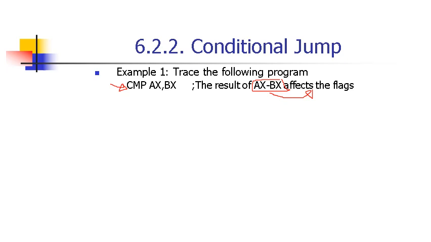Otherwise, if AX is greater, you did not need a borrow to perform the subtraction, and your carry flag bit will not be set. If you check your carry flag bit, you'll find a 0 there. So a 0 carry flag bit indicates that AX is greater than BX. A 1 in the carry flag bit indicates that BX is greater than AX.